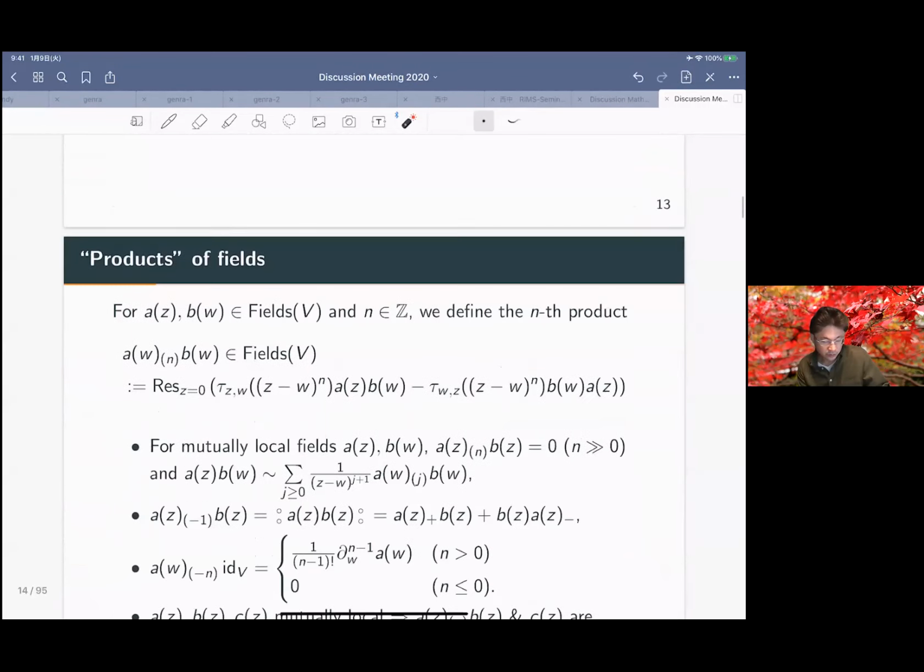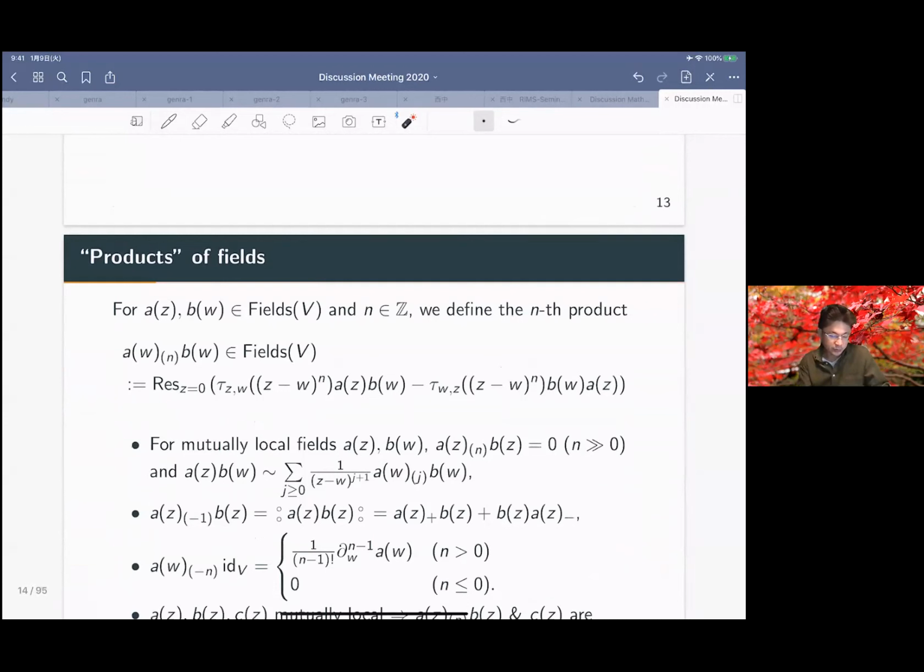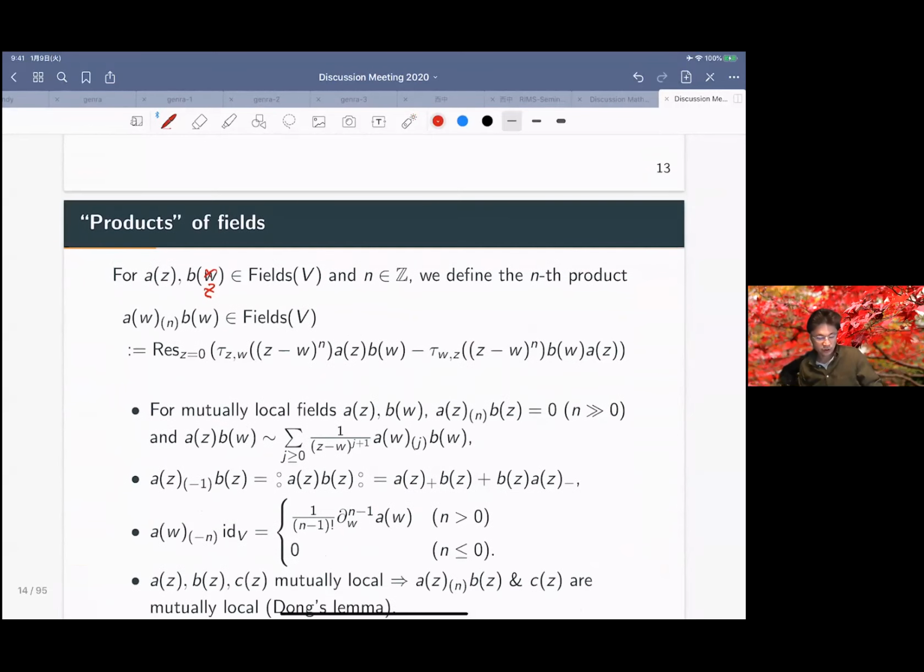Now, as I said, a product of two elements doesn't make sense, but you can make sense of some operation which you might view as a product of fields. So I define the nth product of two fields as this.